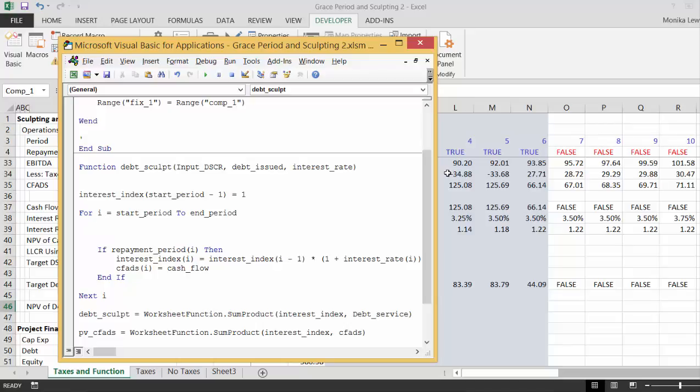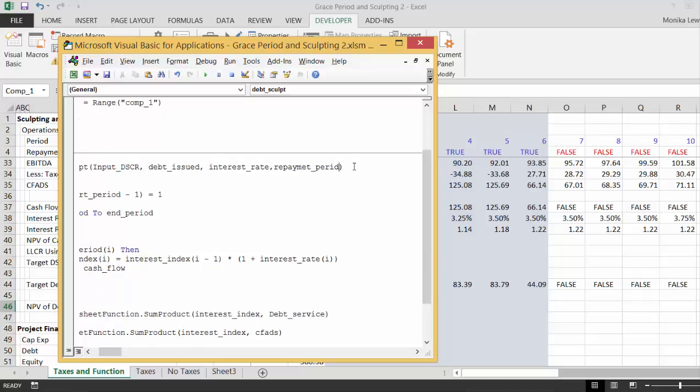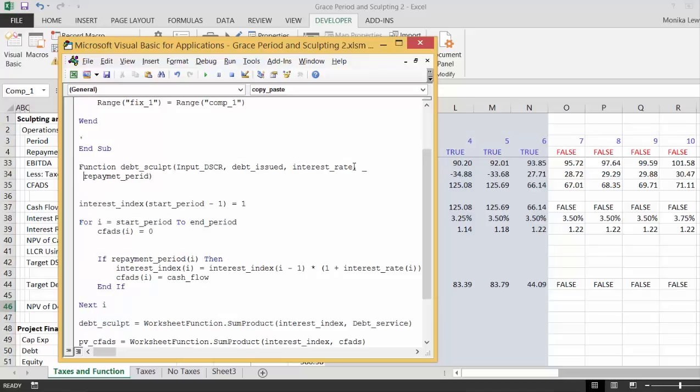Okay, I'm trying to do this as efficiently as I can, and that means we better also read in the repayment period. Okay, and this is a perfect example of the kind of things I do, is that I spelt it all wrong.